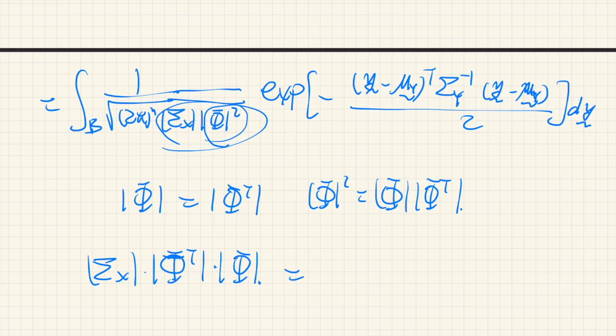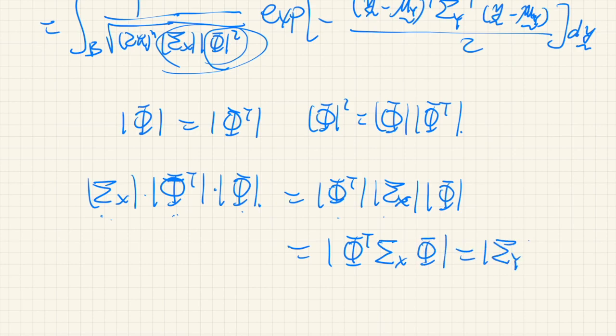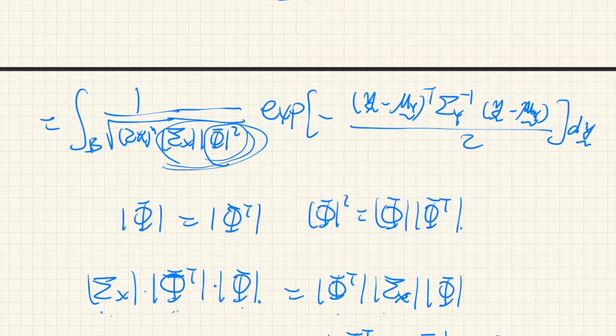So since determinants are just real numbers, we can swap the orders, and this is equal to phi transpose sigma x and phi. And the product of determinants is the determinant of the product. So this is equal to the determinant of phi transpose sigma x and phi, which is the determinant of sigma y. So we can replace this part by the determinant of sigma y.